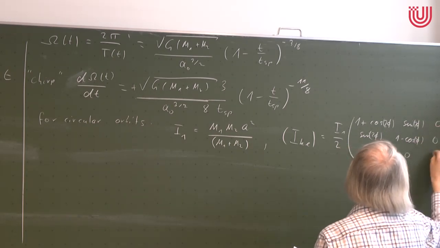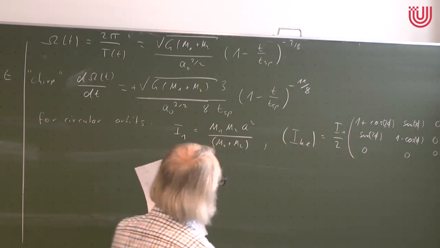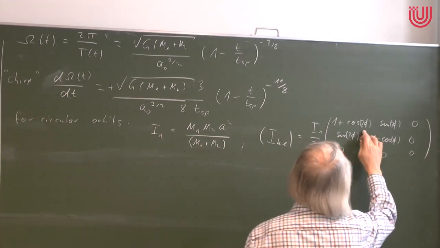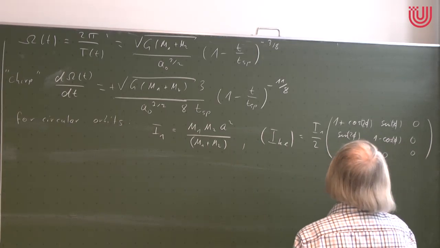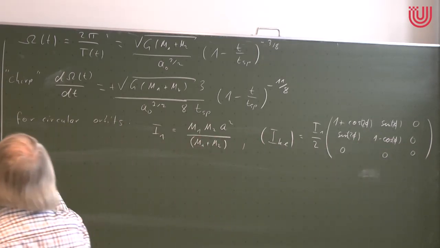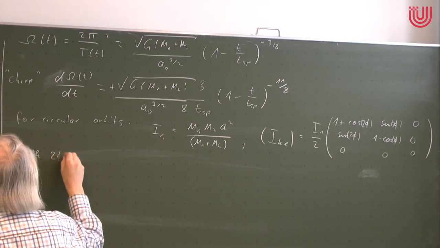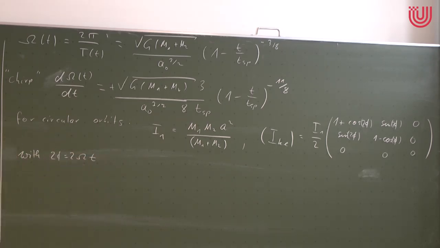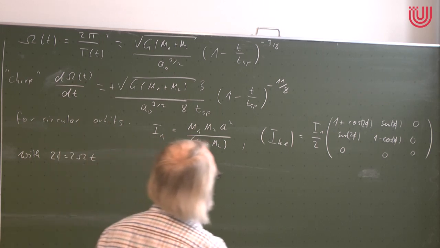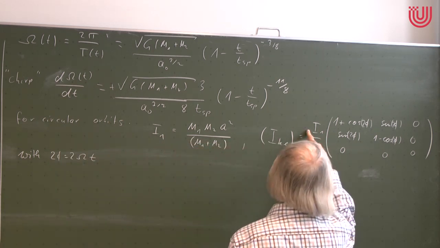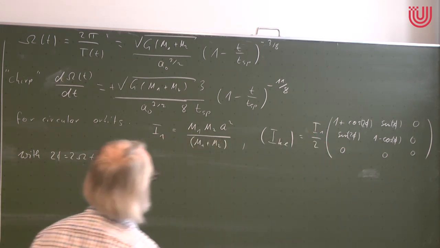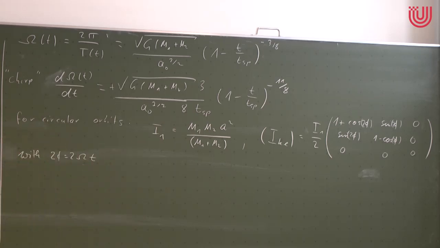This becomes very simple because 2 phi is, in our case, just 2 omega t, where omega is a constant. It changes adiabatically, but for the periodic process, it's treated as a constant. So we can easily differentiate this, and this is a constant, so we have no problem with differentiating this. So what was so awfully complicated in the case of elliptic orbits now becomes almost trivial.